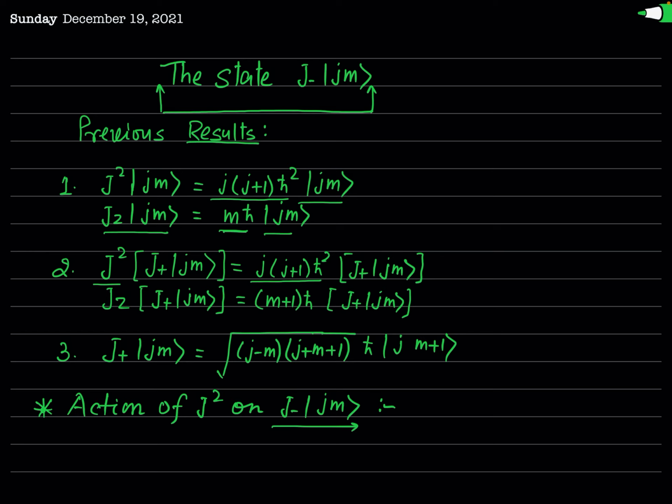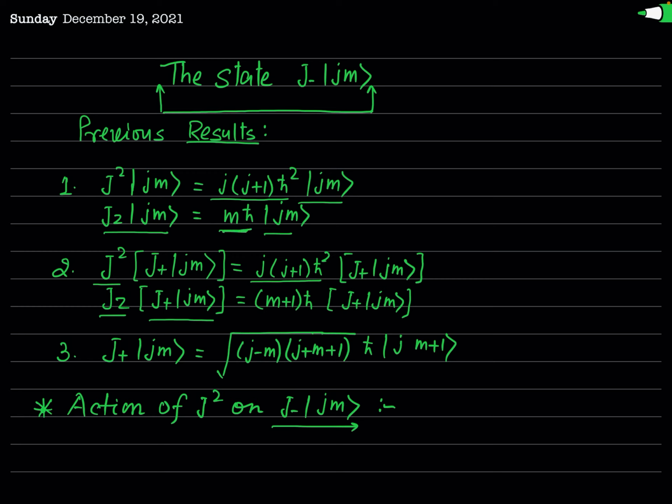But in this condition, the eigenvalue of the operator Jz does not remain the same. If you consider that this new state J₊|j,m⟩ is the eigenstate of Jz, then its eigenvalue is not mħ.